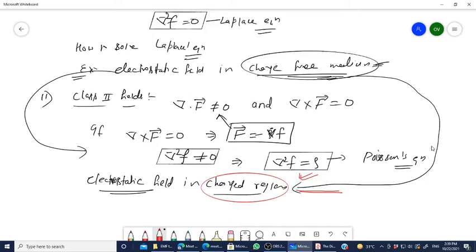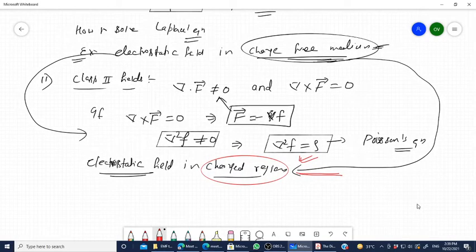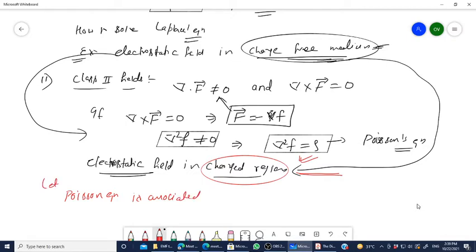If the problem is asked like that, what happens when the Poisson equation is associated with a charge free region?